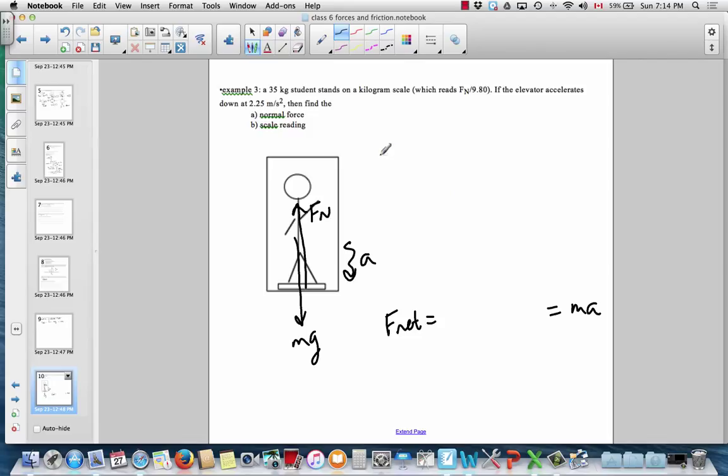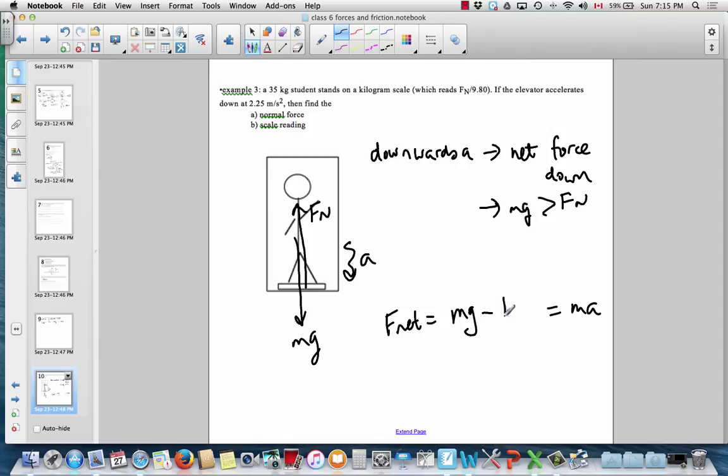Okay, so hopefully you reasoned in that moment of individual thinking that because the acceleration was downwards, the net force must also be down, and that implies that the weight exceeds the normal force, or that the normal force value is going to be a little smaller than usual. So for the net force, we take the bigger one and subtract the smaller one.